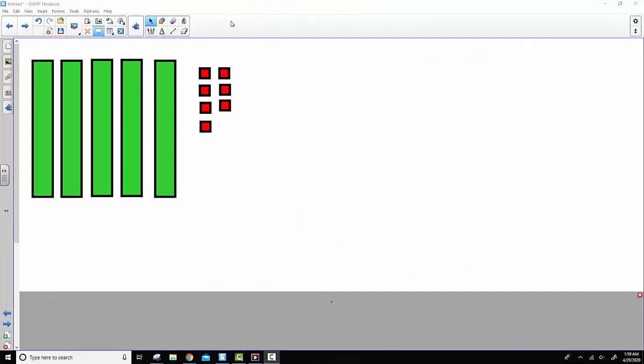Let's try one final example for today's lesson. This time you can see that we have 5 tens and 7 ones. Let's subtract 28.